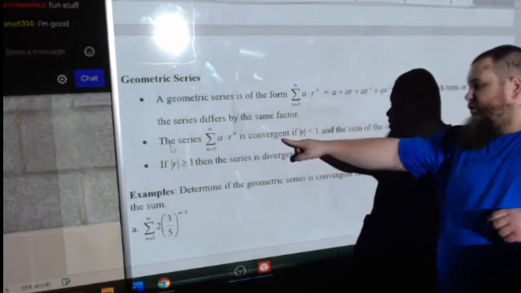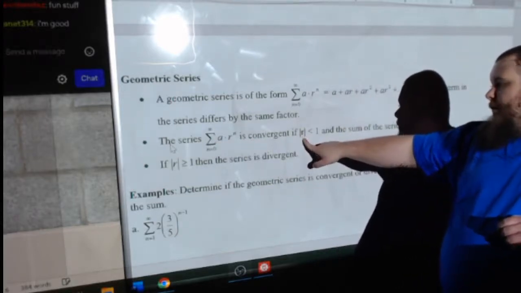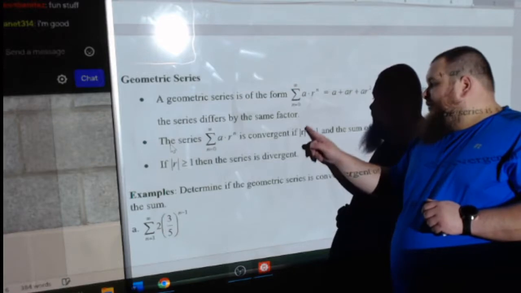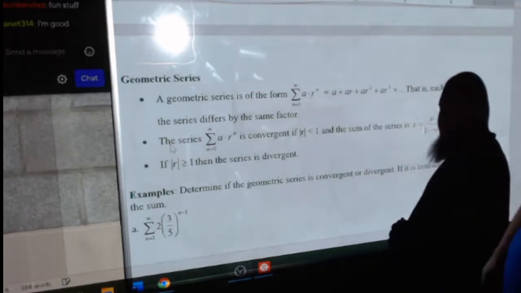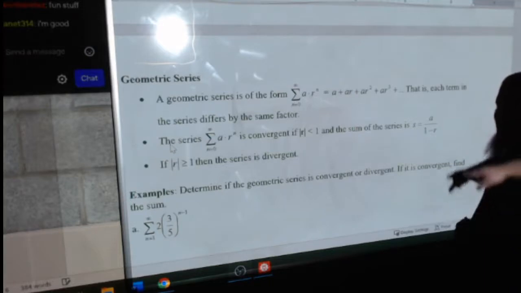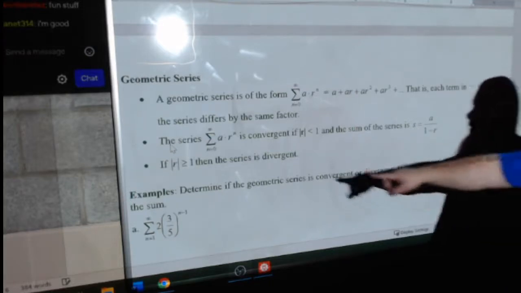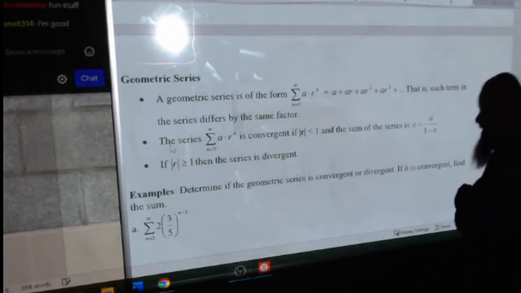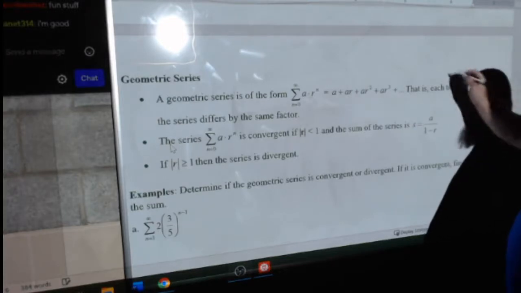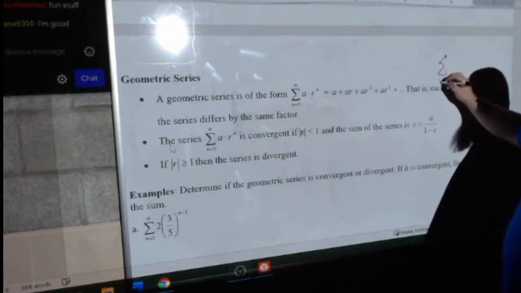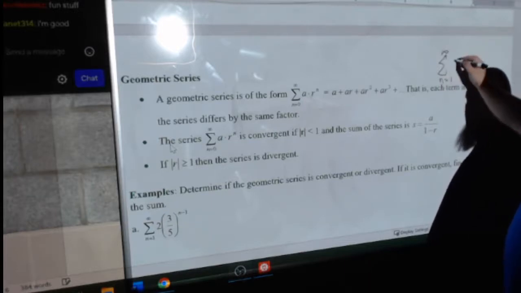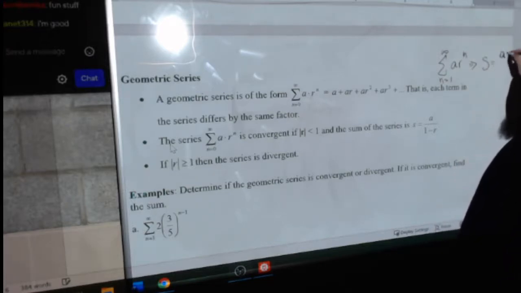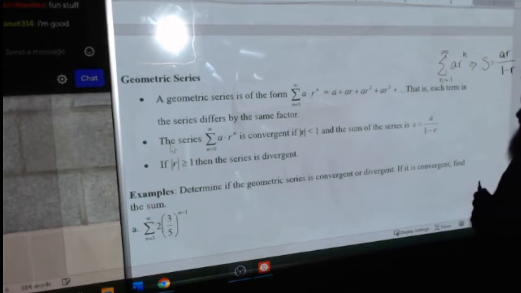So if we prove that it converges, which requires this r, which you can basically think of as a ratio, if the absolute value of that r is less than 1, we can say it converges, and the sum, if it starts at 0, is equal to this. If it does not start at 0, say instead it starts at 1, then the sum is a times r over 1 minus r.